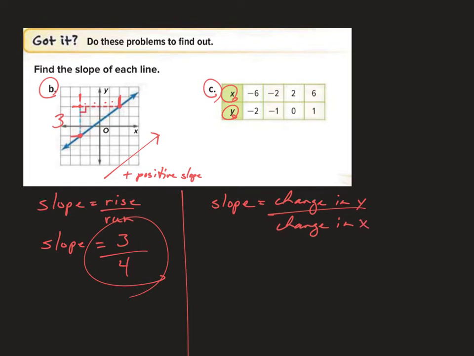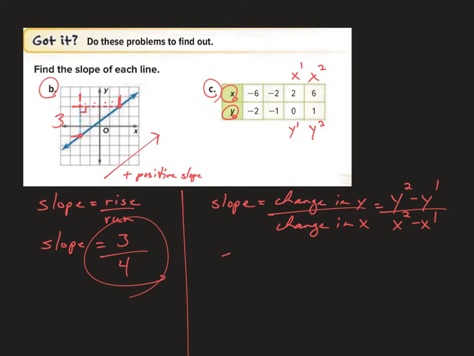And we can write that more specifically by saying y2 minus y1 over x2 minus x1. So we can just give these names. We can say 1 is going to be y2, 6 is going to be x2, 0 is going to be y1, and 2 is going to be x1.